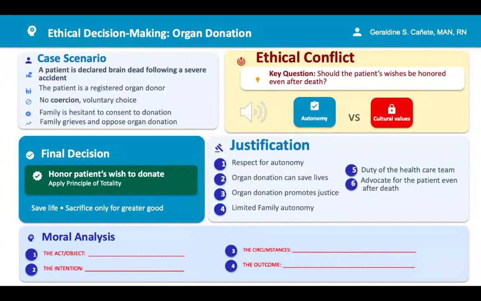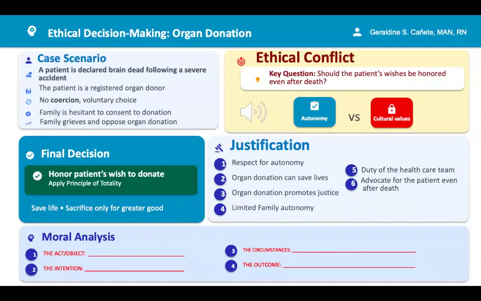Another objection could be, our cultural beliefs forbid organ donation. A response could be to acknowledge and respect these beliefs, but explain that the patient made a different choice, and explore whether there are any culturally sensitive ways to honor the patient's wishes.